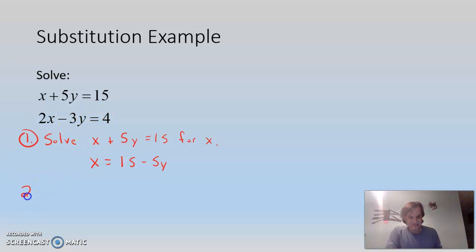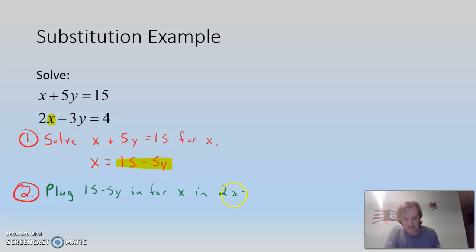So what I'm going to do is take this representation of x, which is 15 minus 5y, and plug it in for x in the other one. So I'm going to plug 15 minus 5y in for x in 2x minus 3y equals 4.